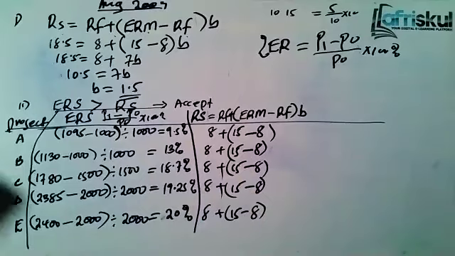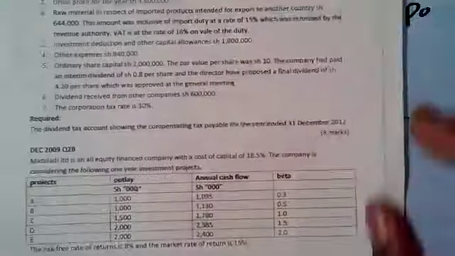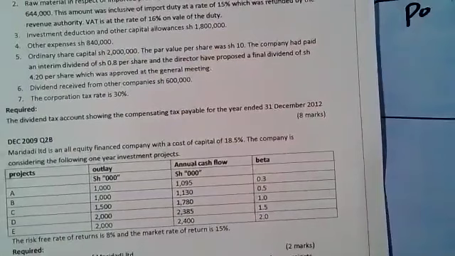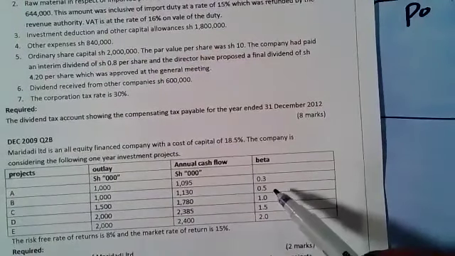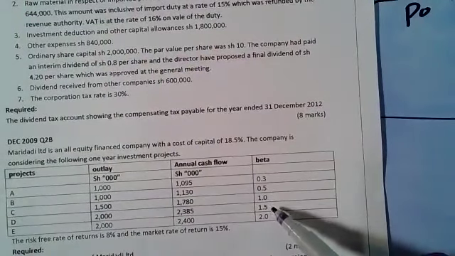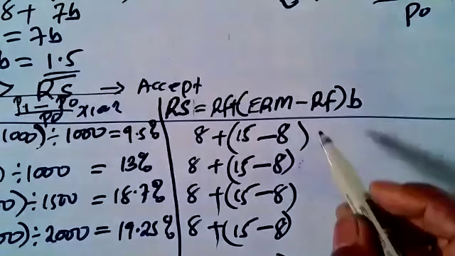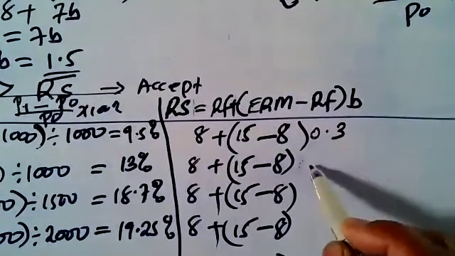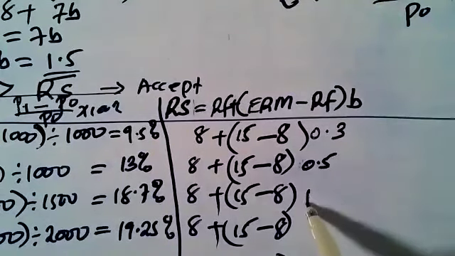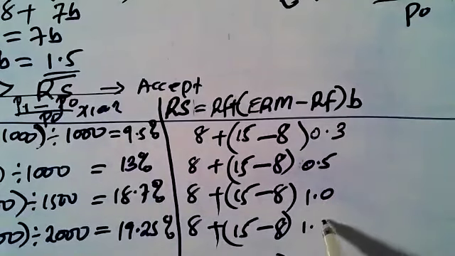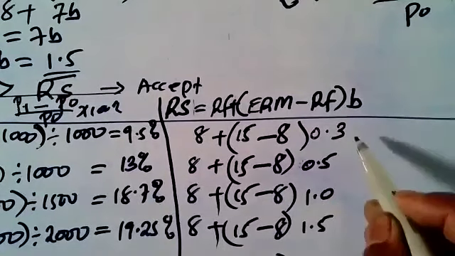In this case, you multiply by the beta for each project. What you are given here is the beta for project A, which was 0.3, then 0.5, 1, 1.5, and 2. You multiply by that beta. So here you multiply by 0.3, 0.5, 1.0, 1.5, and 2.